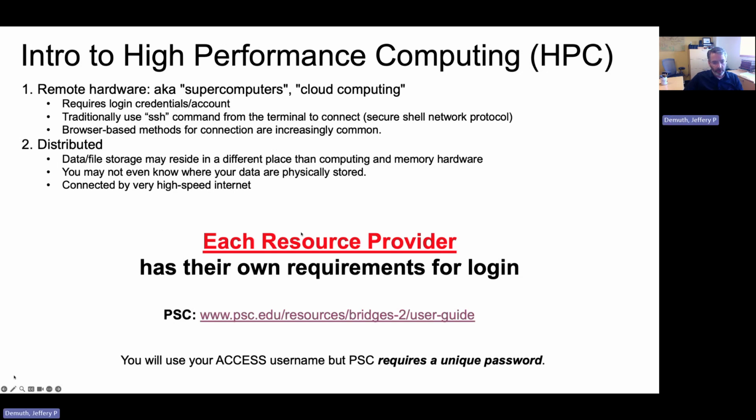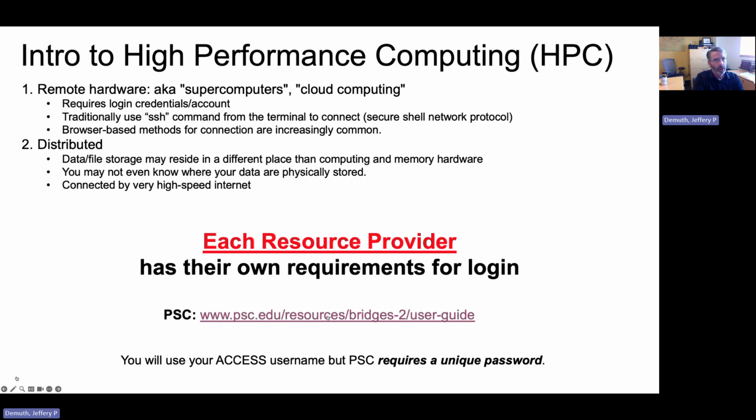Each of the resource providers, in this case, Pittsburgh, has their own requirements for login. So you need to follow this link. The second step in getting you access to computing on Bridges is you have to get a Pittsburgh credential. So it's getting closer to where the resource providers and Access are totally on the same page.